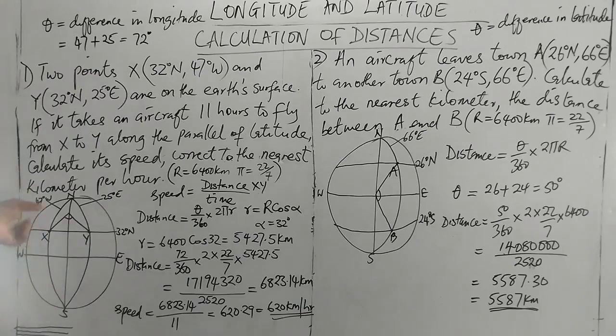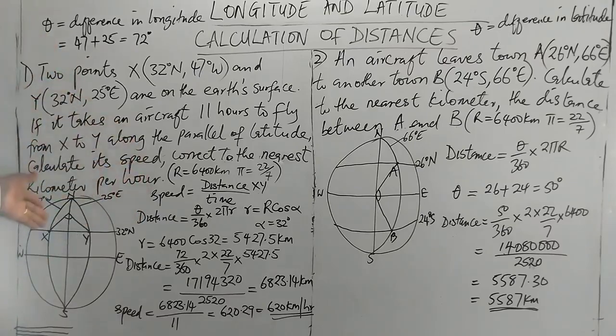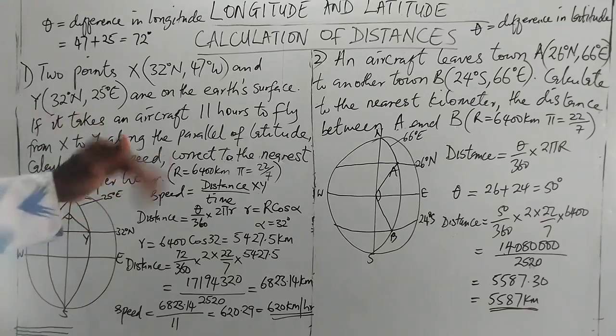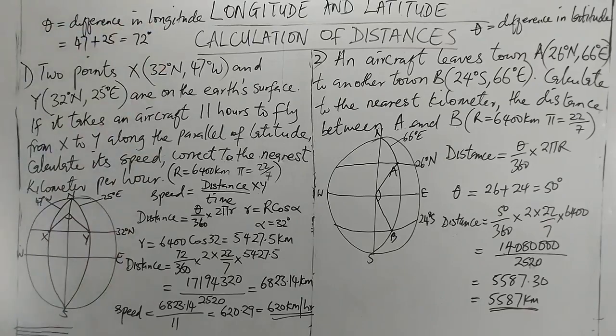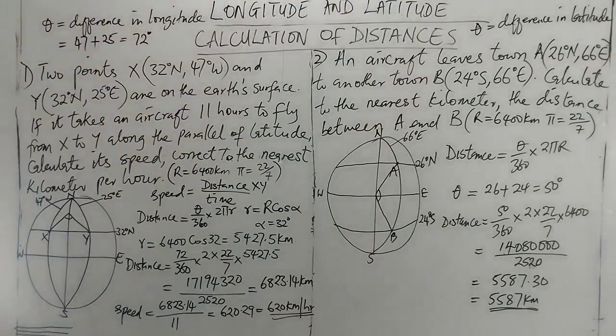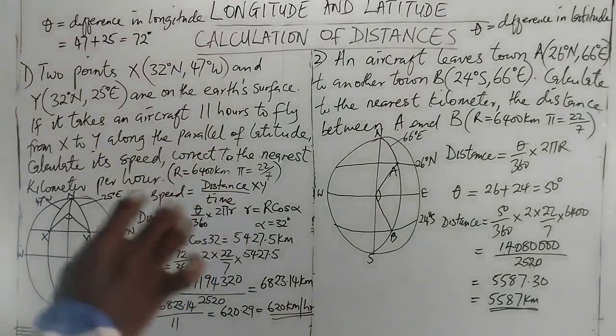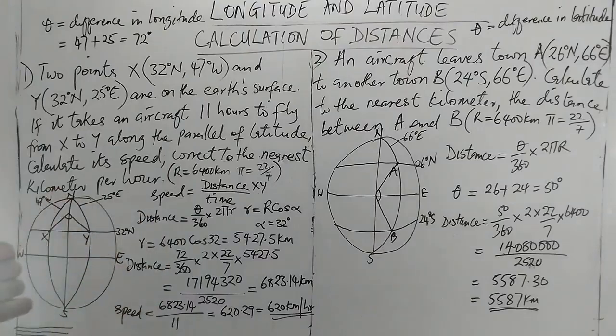And once you're able to draw the sketch, then the theta in the formula, based on what the sketch says, if the 2 points are on the same parallel of latitude, becomes difference in longitude. But if both of them are on the same line of longitude, theta becomes difference in latitude. These are the areas you have to be very careful.